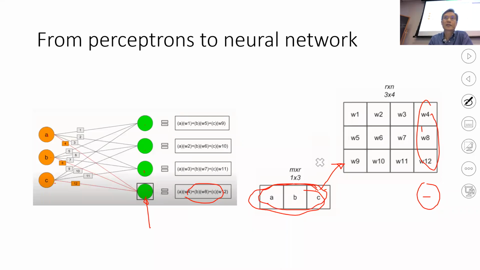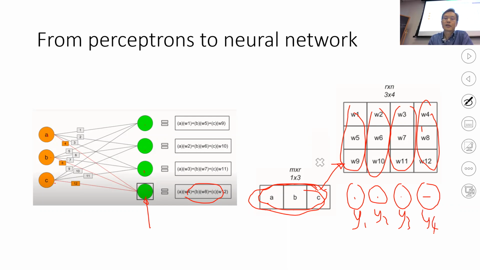So I just use one set of input as vector ABC and multiply by its corresponding weights and get 4 numbers here. So that's my Y1, Y2, Y3, Y4. The values of those neurons are aggregated, and that's the information that will be passed on to the next level.